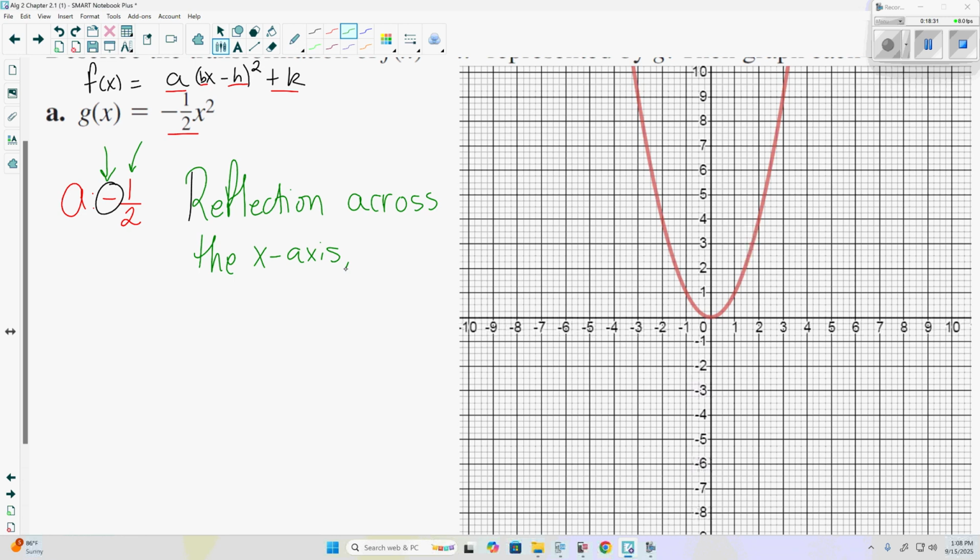That negative tells us specifically that there's a reflection across the x-axis. That's all the negative tells us. The 1/2 tells us if there's a vertical stretch or shrink. If it's greater than 1, it's a stretch. If it's between 0 and 1, it's a shrink.